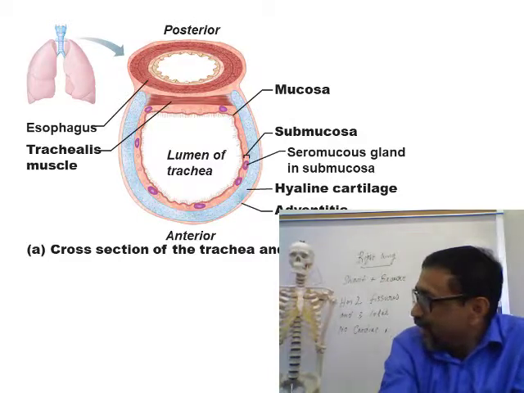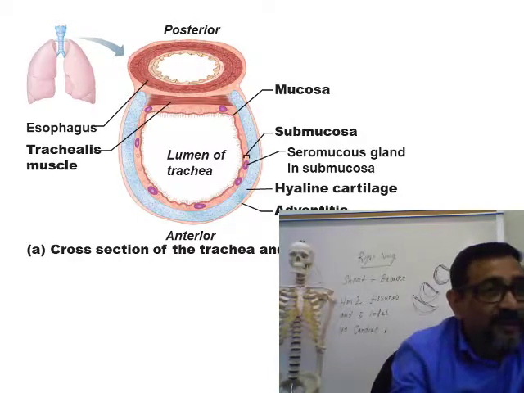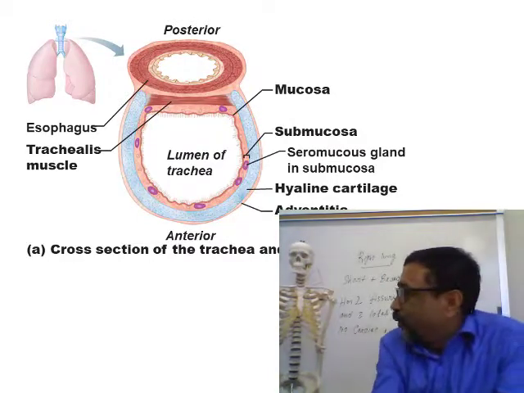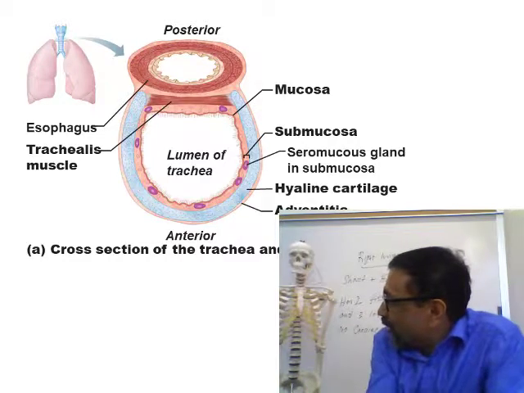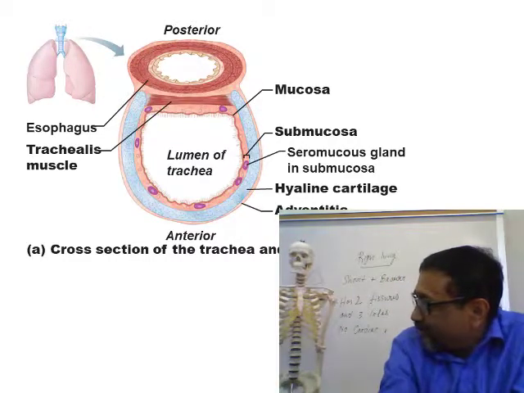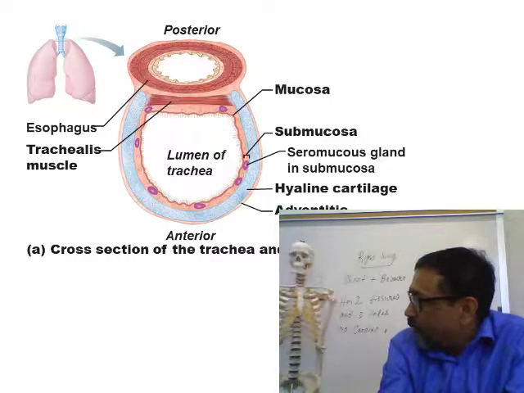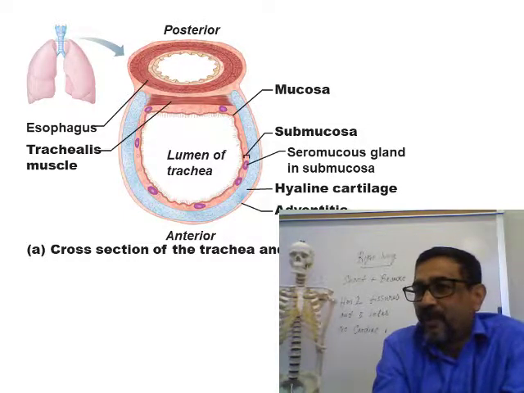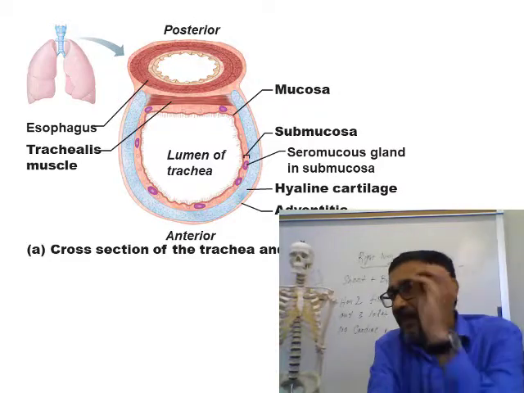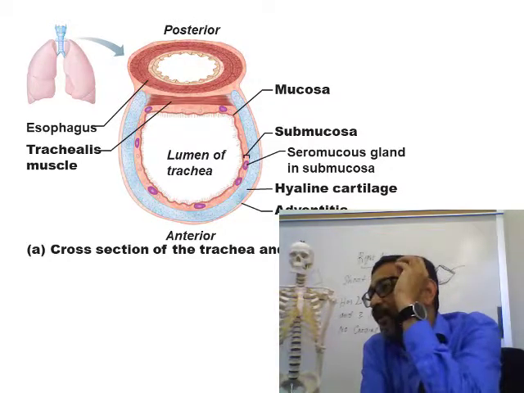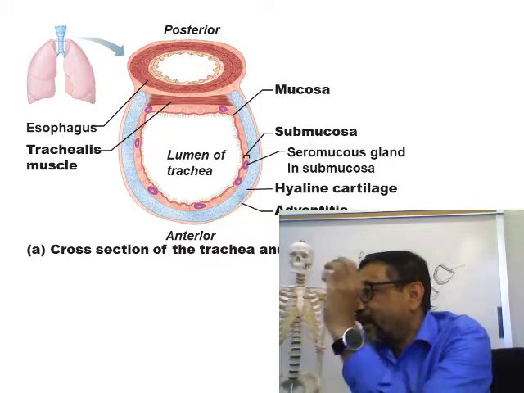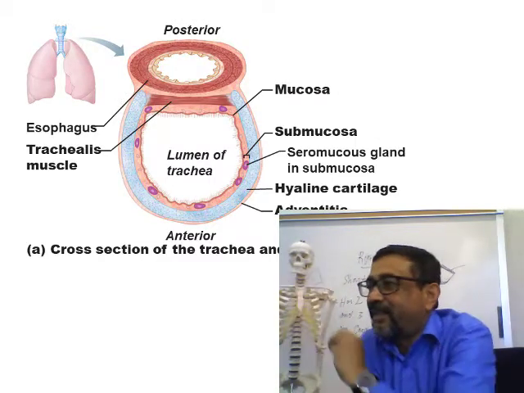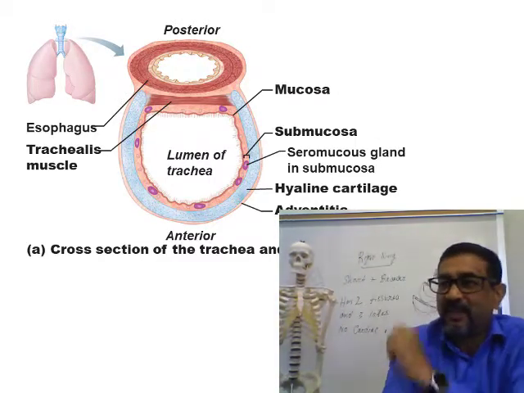In the submucosa, the middle layer, you have two types of cells, serous and mucus, together called seromucous glands. Serous cells secrete a water-like secretion and mucus cells secrete a thick, sticky secretion, mucus.